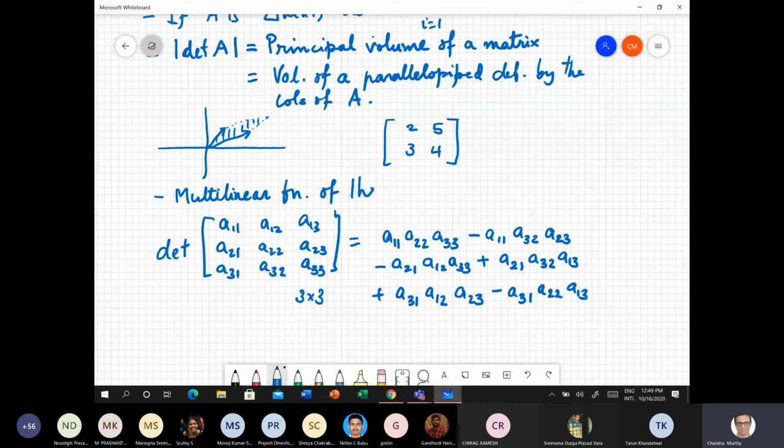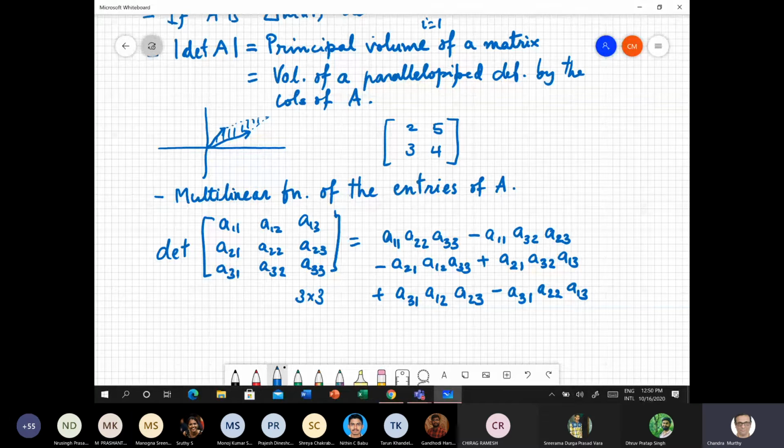Could you explain what is the meaning of multilinear? It's linear, but there are multiple terms, each of them being linear. When you have a single variable, the function could be linear or non-linear. But when you have multiple variables, it could be linear in each component, but then be the sum of many such terms.